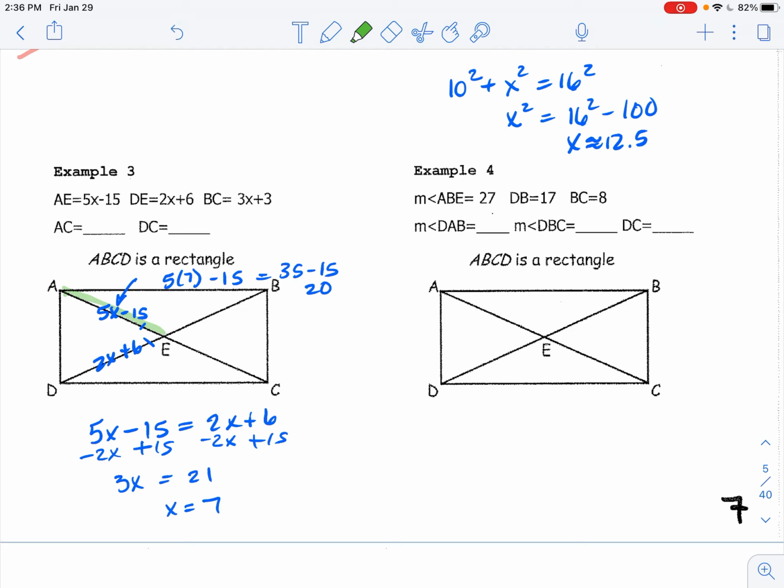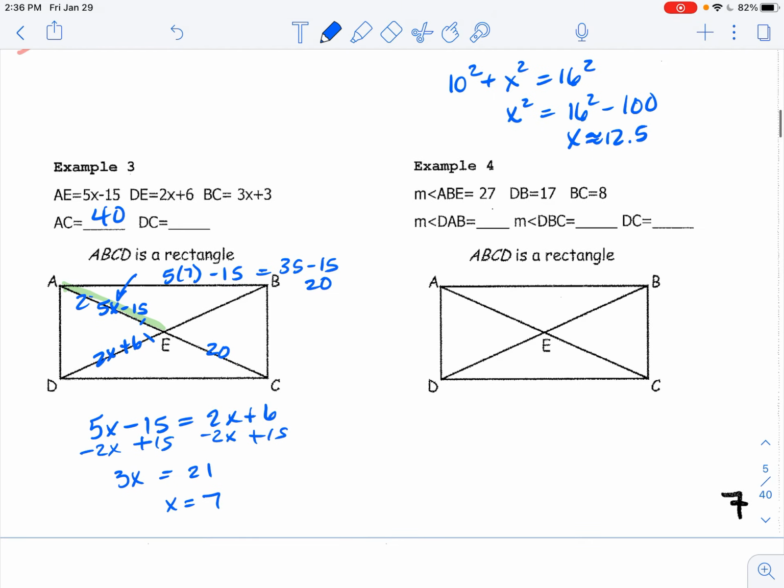So since we know it's been bisected, this section over here is also 20. So the whole length is 40. 20 plus 20 makes the 40. All right, so now let's find DC. Okay, so we know that this guy is 20 also, because these are congruent.